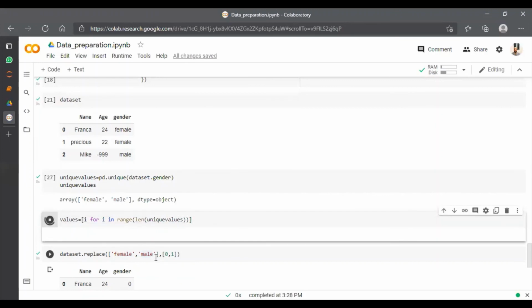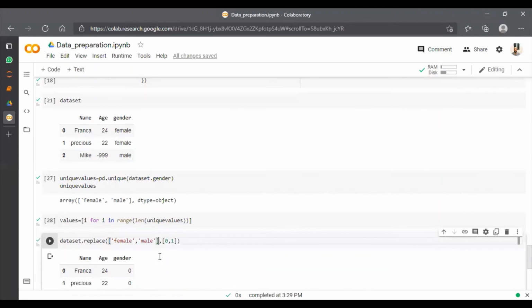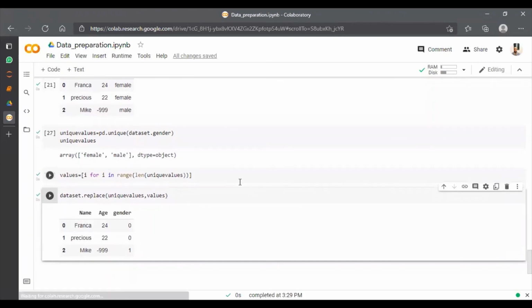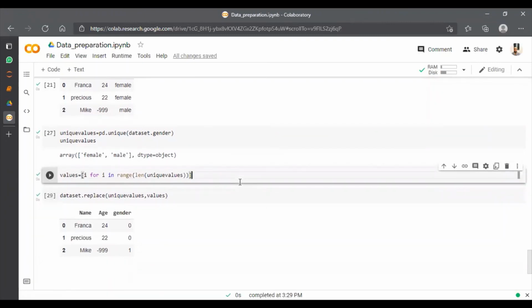Then I can replace this: dataset.replace, unique values, comma, values. With this, it's going to perform the same function. Do you get the logic behind this code? It's quite complex, right?